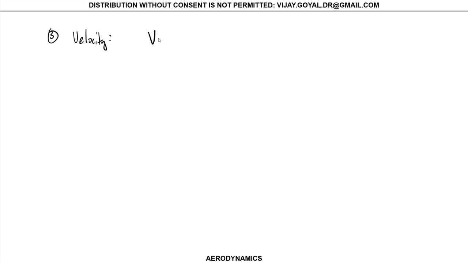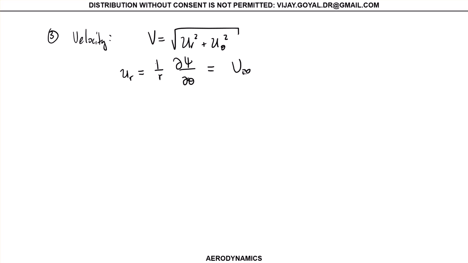Note that your velocity is nothing else than the radial component plus the theta component. Just remember that we did this in class, where we showed that u_r is 1 over r partial of psi with respect to theta, which is equal to U infinity times 1 minus a squared over r squared times cosine of theta.